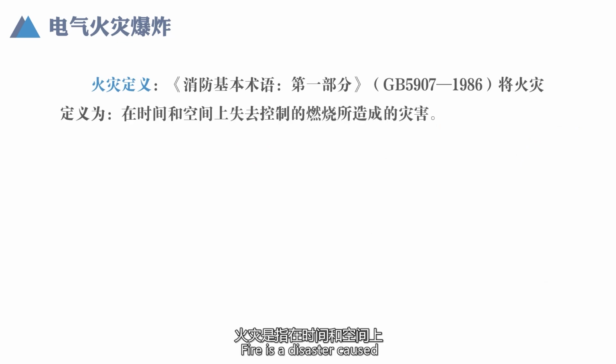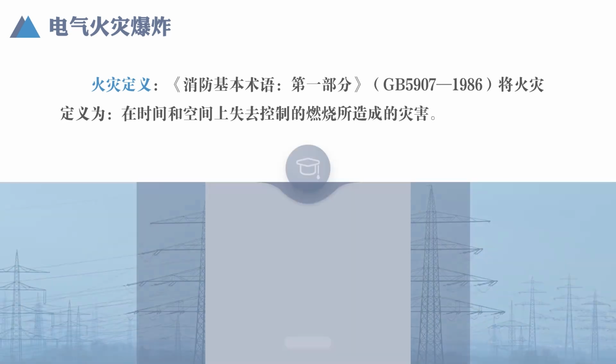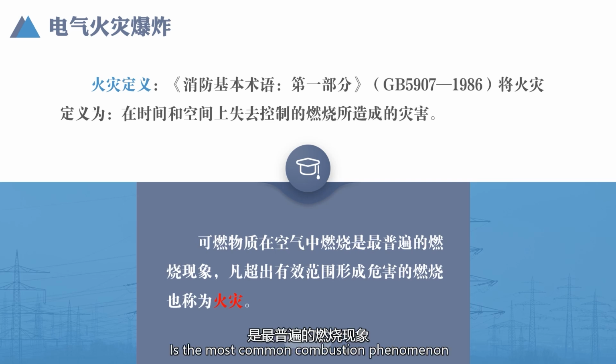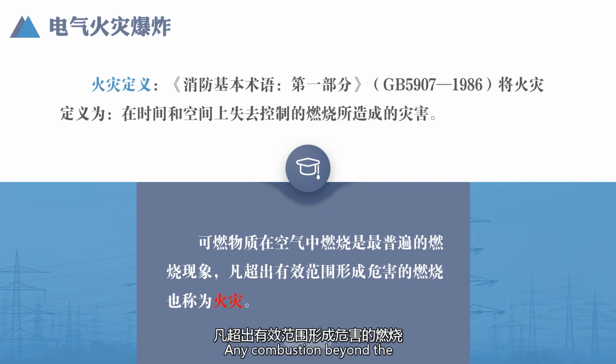Fire is a disaster caused by uncontrolled burning in time and space. Combustible substances burning in air is the most common combustion phenomenon. Any combustion beyond the effective range to form a hazard is also called fire.